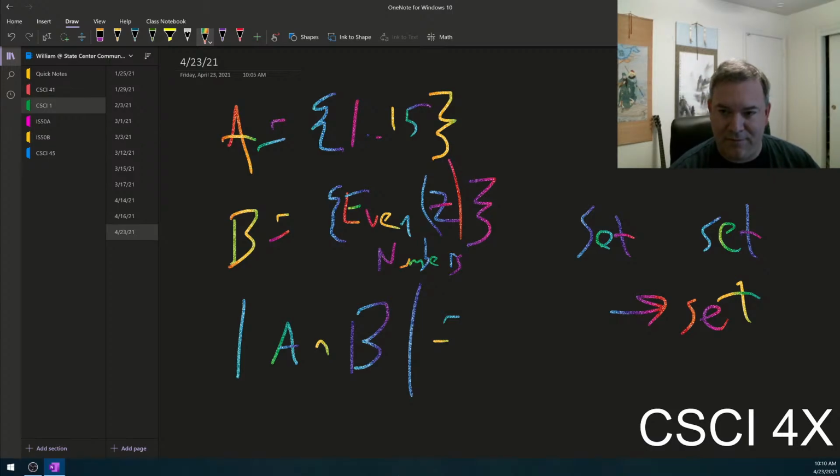B is all even numbers. Why 15? 1 through 5, and then, wait, what was the other one? I forget now. What do we have for B before? I could rewind the stream. Was it 10 through 20 or 11 through 20?